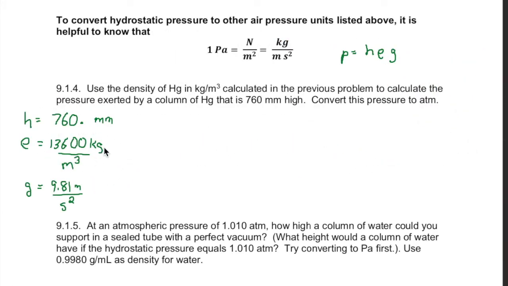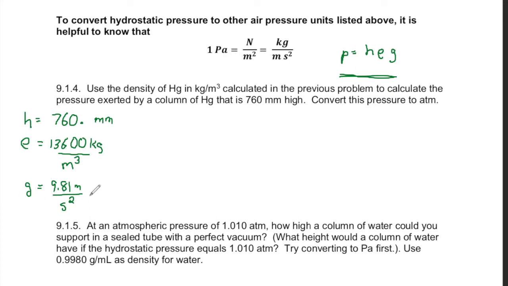All right, now that we know that the density of mercury is 13,600 kilograms per cubic meter, we can use it to figure out the pressure exerted by a column of mercury. So our formula that we had before, the pressure is equal to the height times the density times the acceleration due to gravity.